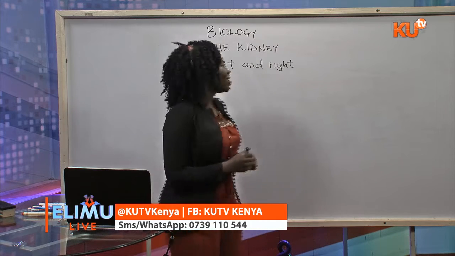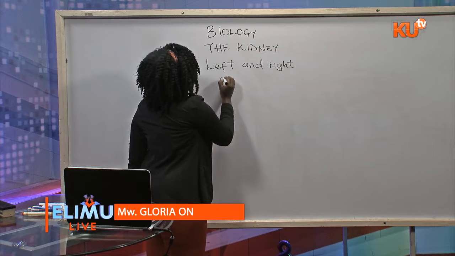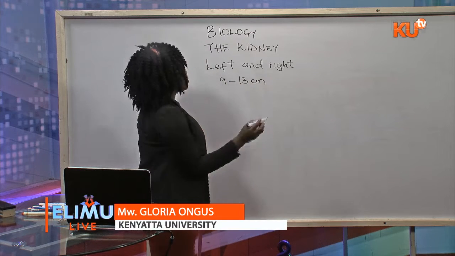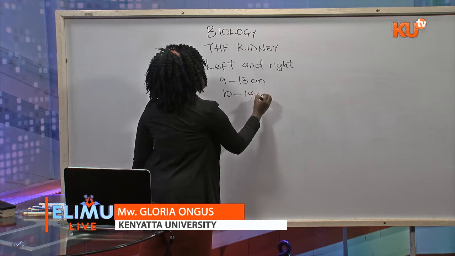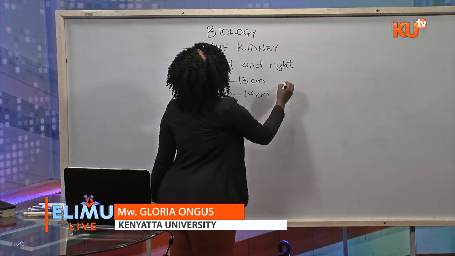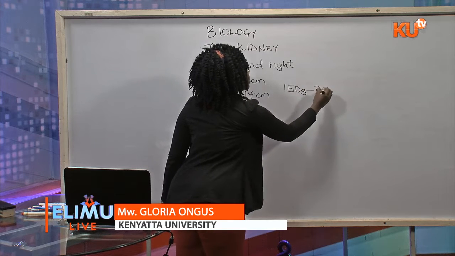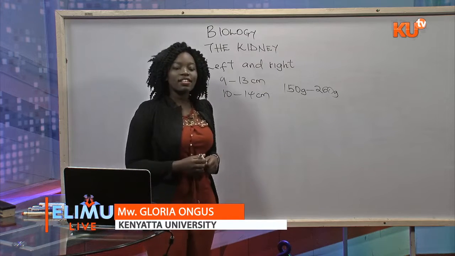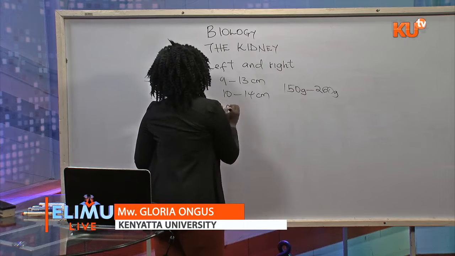Women, their kidneys range between 9 to 13 centimeters, the diameter. And for the men, their kidneys range between 10 to 14 centimeters. Each kidney weighs around 150 grams to 260 grams.